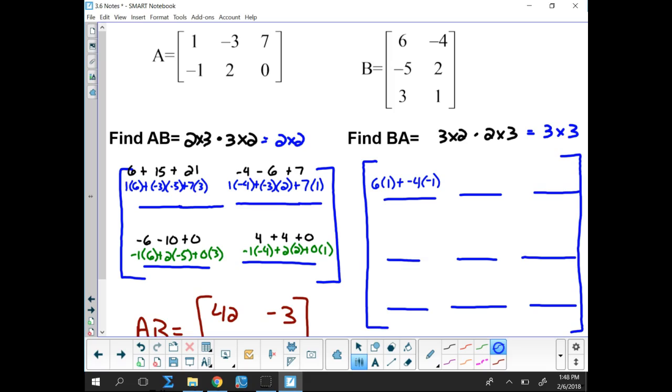So now I'm going columns of A. Rows of B, columns of A. 6 times negative 3 plus negative 4 times 2. 6 times 7 plus negative 4 times 0.